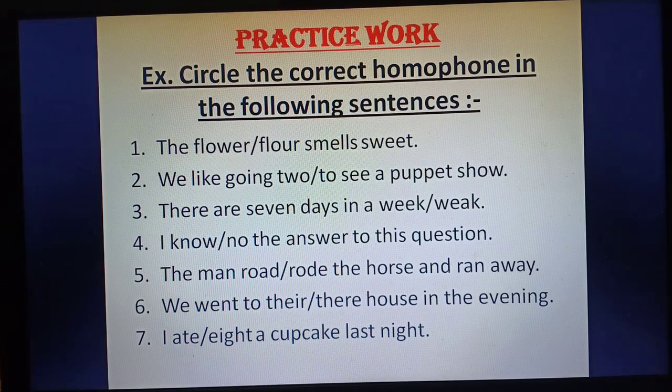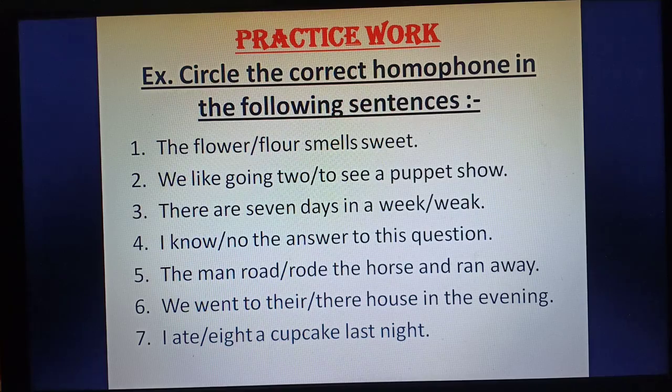Number 2: we like going TWO or TO see a puppet show. Number 3: there are 7 days in a week, WEEK or WEAK, week. Number 4: I know, KNOW, know, or NO, know, the answer to this question.